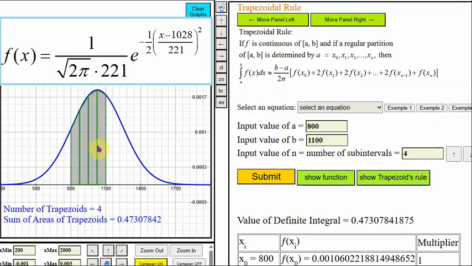So once again, when we fill the shaded region with 4 trapezoids, we get an approximation of 0.473. Here's what we'll get if we fill it up with 8 trapezoids: 0.4757. And then here's 12 trapezoids.